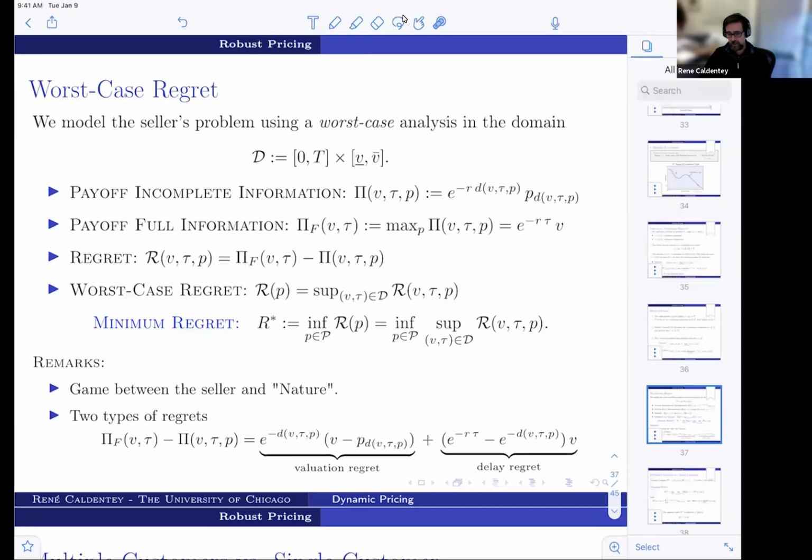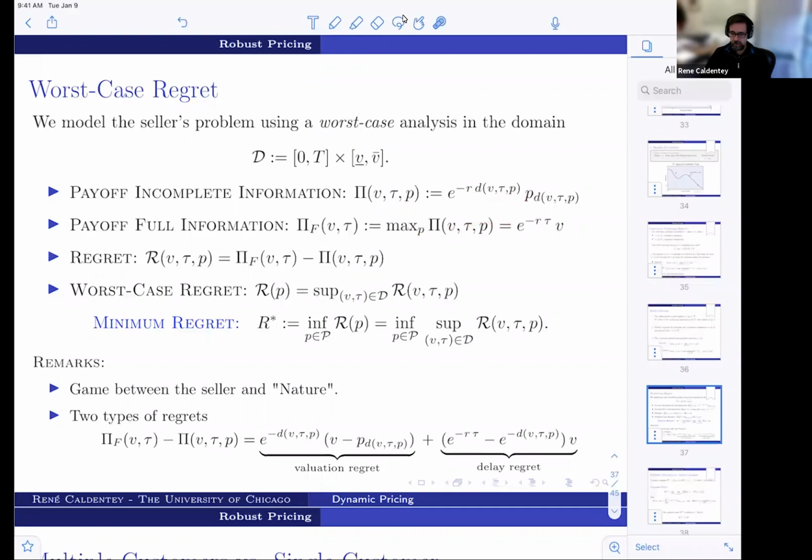Now, the full information, so the clairvoyant, will be able to find a price trajectory that maximizes this. And again, this will be precisely charging a price of V at the time of arrival and having that price constant, in which case the customer buys at that precise time, independent of their type, whether strategic or myopic.